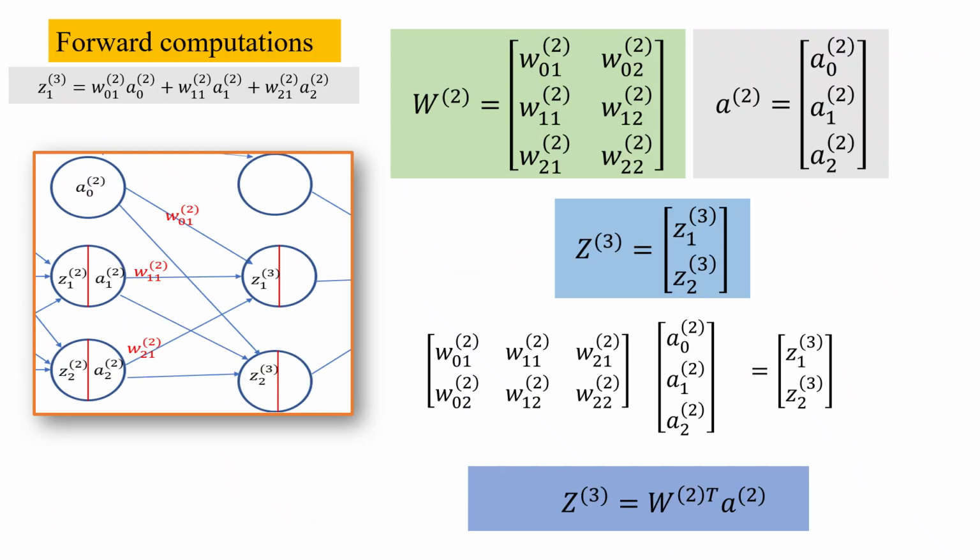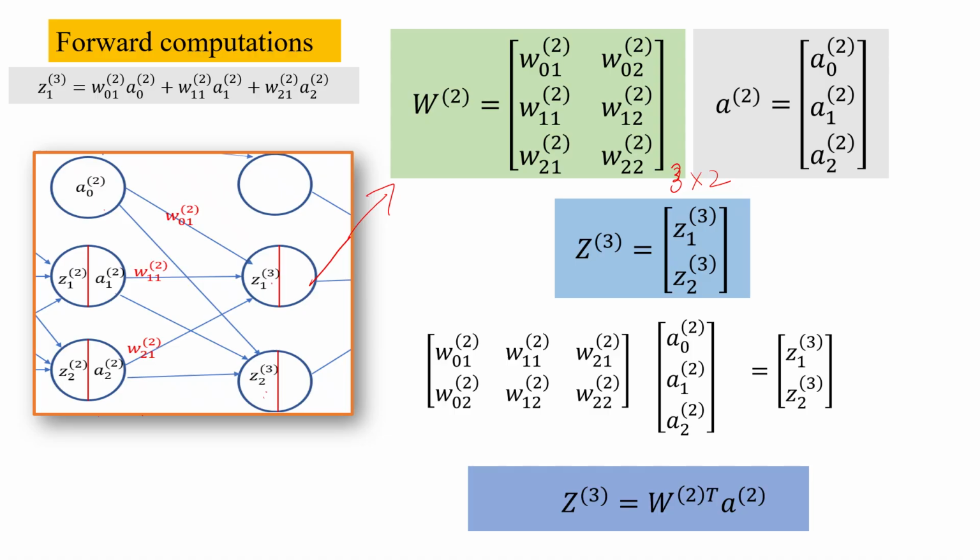So here we are showing the forward computations written in the matrix format. Here we see the W2 matrix, which is this matrix of layer 2. Its dimension is 3 cross 2, because we have these 3 nodes here and 2 nodes of the next layer.